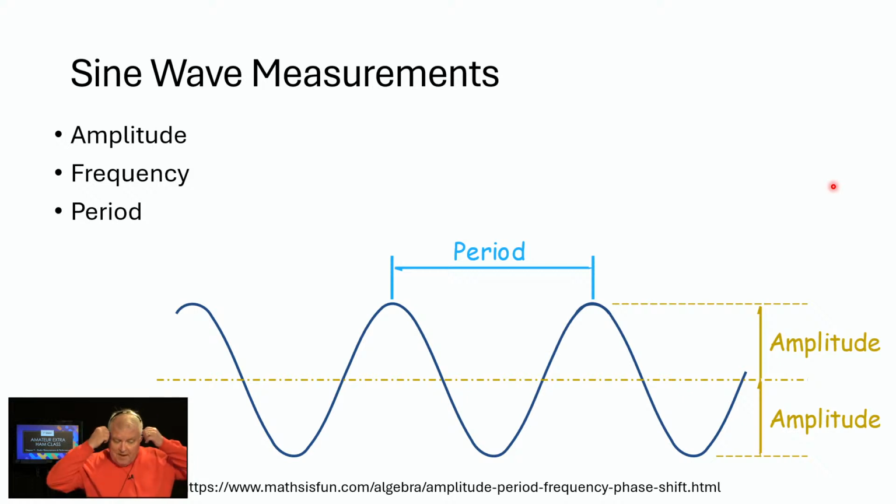With sine wave measurements, we talk about amplitude, we talk about the frequency, and we talk about the period. The period is the time in seconds or milliseconds or microseconds it takes to complete one complete cycle. So again, here we are in the time domain.